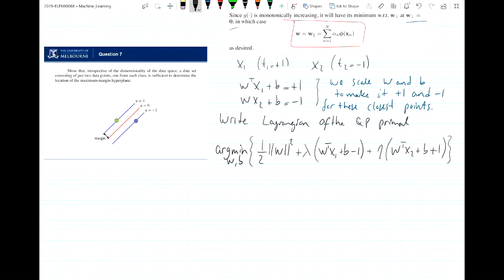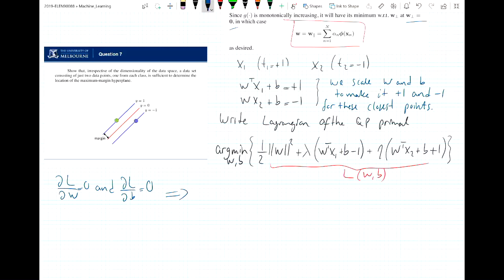I'm sorry, so that would be my L, right? L(w, b). Then we take the partial derivative of L with respect to w equals 0, and partial with respect to b equals 0.